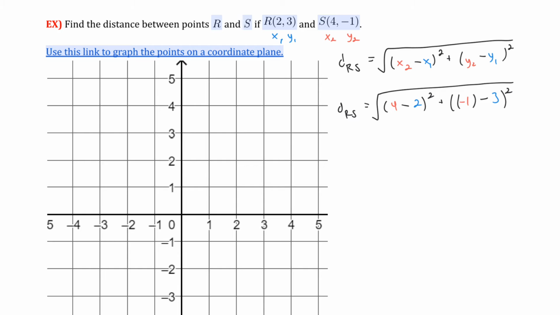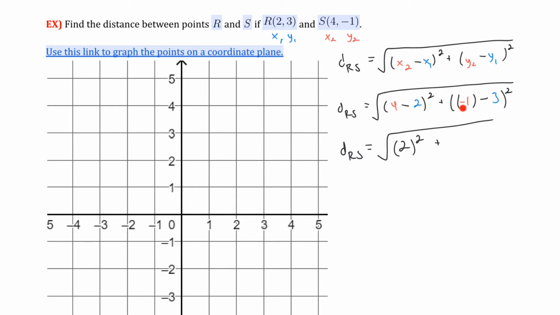Now, from here, we evaluate using PEMDAS, or our order of operations. Taking a look here, we do have some parentheses to deal with, so let's do the calculations on the inside of these parentheses first. 4 minus 2 is just 2, but let me rewrite the equation. The distance between R and S is going to be equal to the square root of 2, and 2 is getting squared, plus here we have a -1 and I'm subtracting 3.